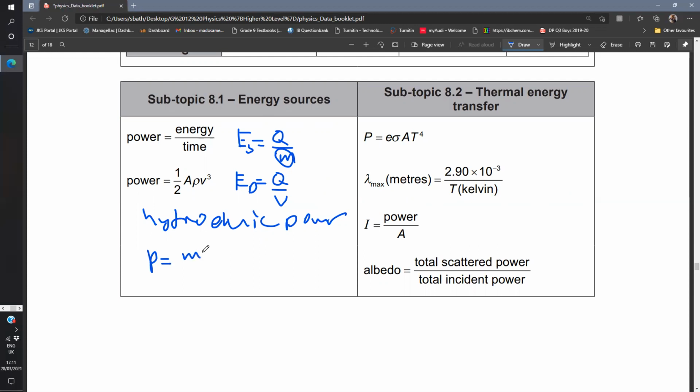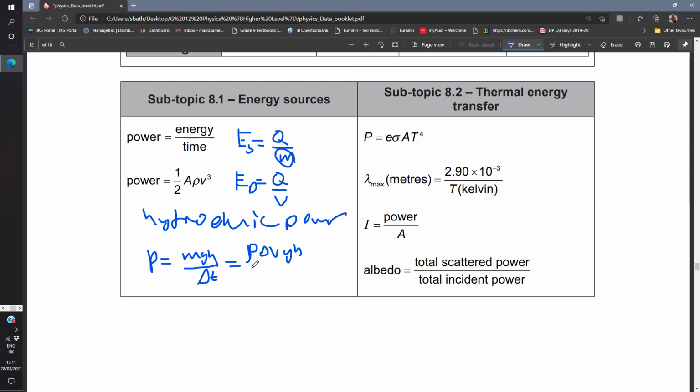P is equal to mgh over delta T, energy, mgh, potential energy basically. And then this will equal rho V g h over delta T, sorry, this is rho, the density, because mass is equal to the density times volume.